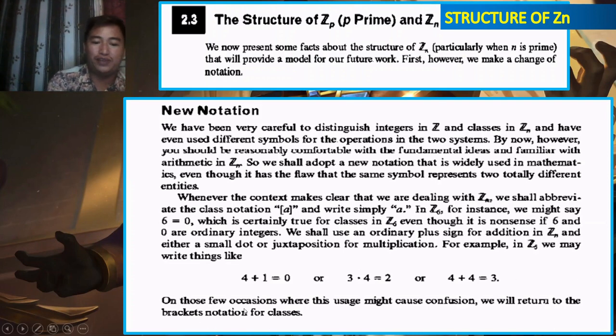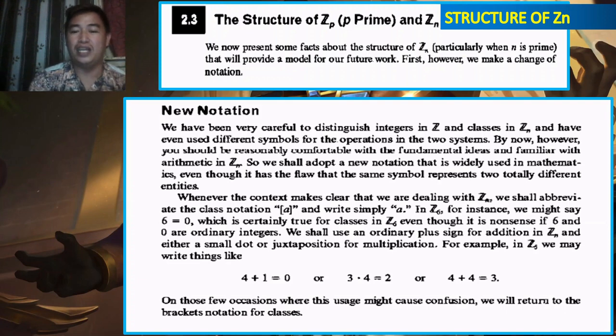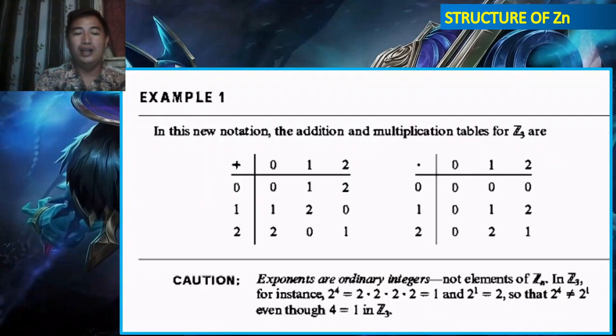So, for those few occasions where this usage might cause confusion, we will return to the brackets notation for classes. So, unya class kay na yung mga theorems nga i-prove nga na ay mga bracket gihapon o katong wala na po. Okay? So, dili class without the brackets. Okay.